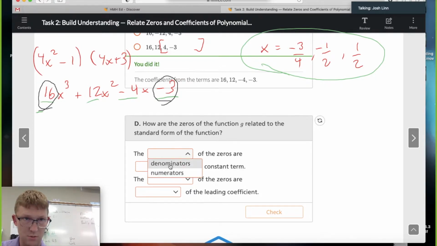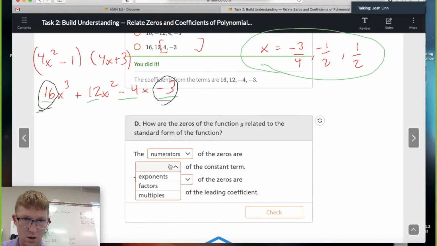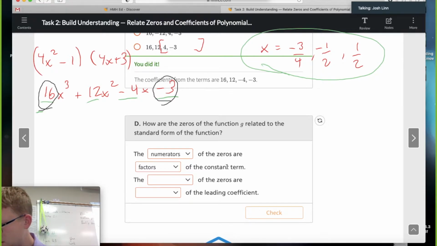I guess it doesn't matter which one we start with. So we'll say the numerators of the zeros are factors of the constant term. Is that right? So this is our constant term right here.